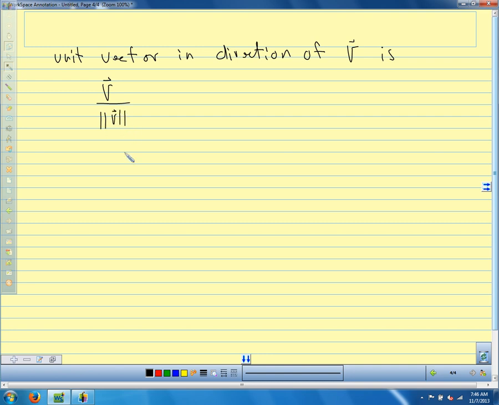So we just take the magnitude out, basically. And the other way you'll see this written is 1 over the length of v times v. And we call this process normalizing v. So the process of finding a unit vector in the direction of v is called normalizing v. So often you'll be asked to normalize this vector and then do something else with it.